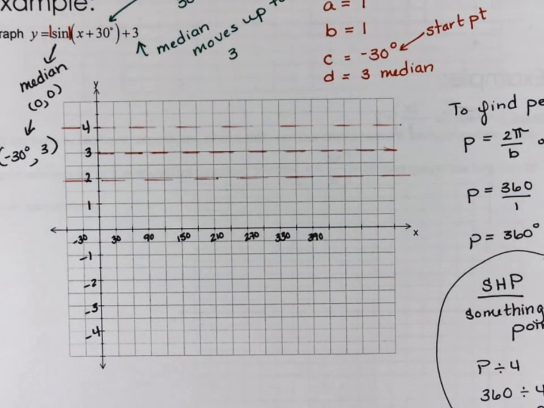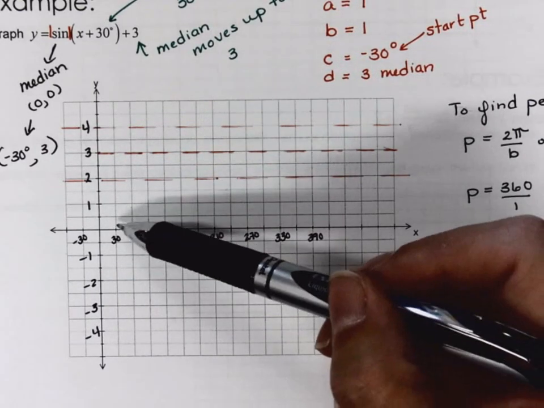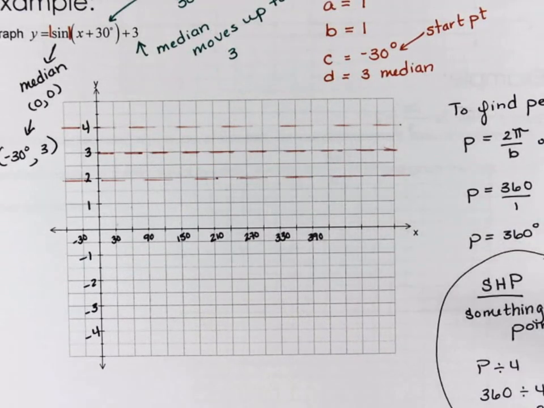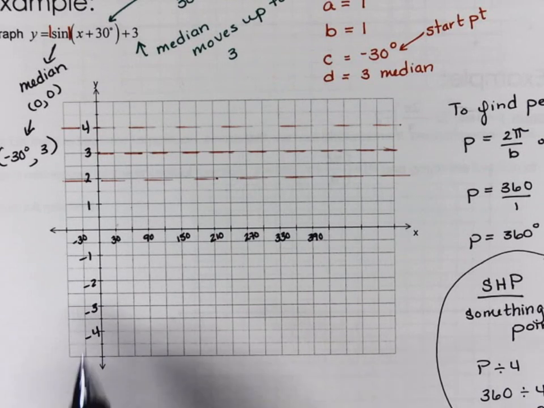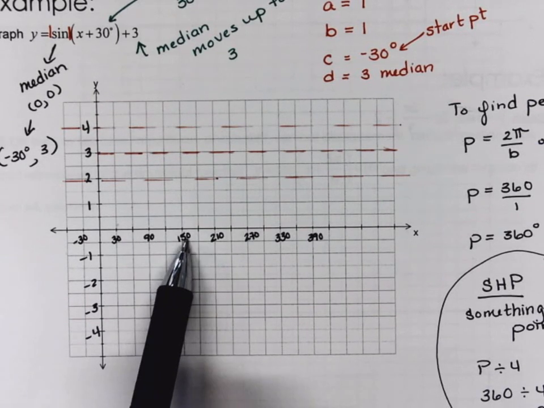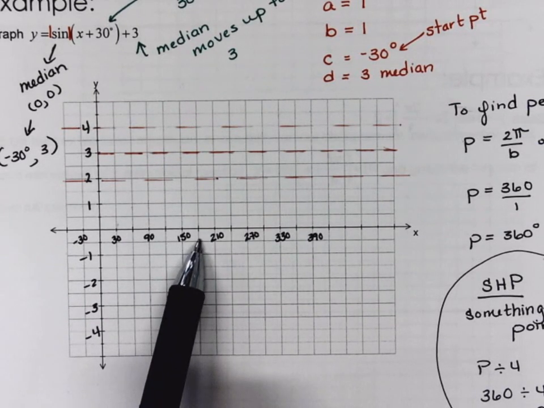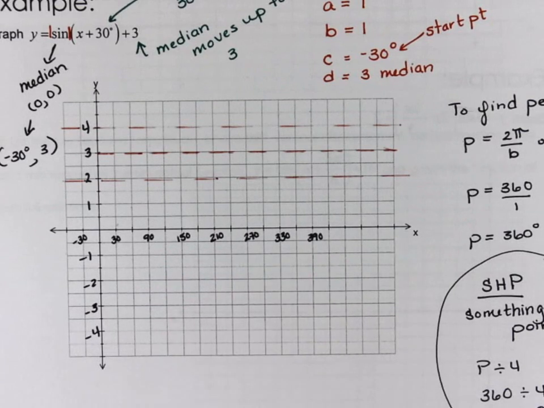But that's how I'm doing that. I wanted the negative 30 on there just so we could see it. Every tick is 30 degrees. I just wasn't going to put in the 60 because it's going to cram it in too much for me. You can if you want to. Is that okay for everybody that I use those?